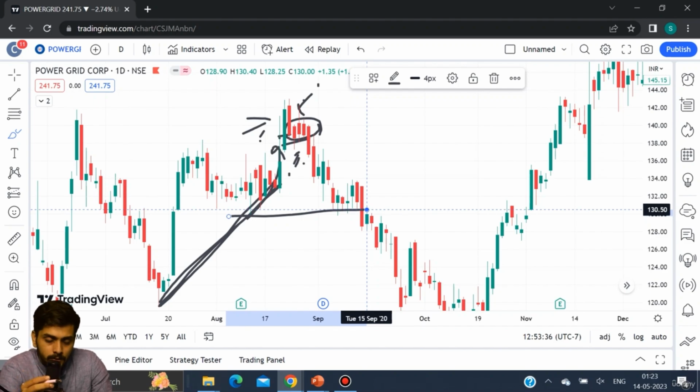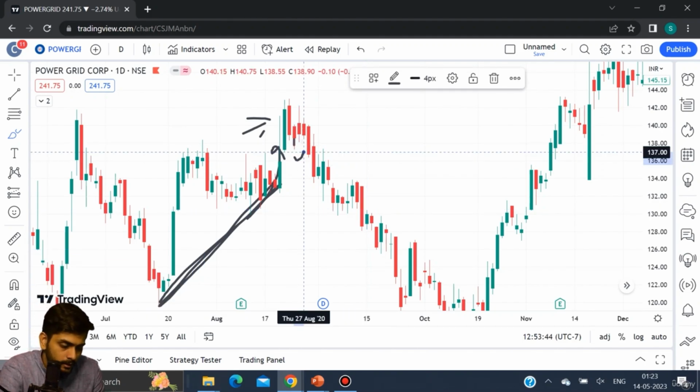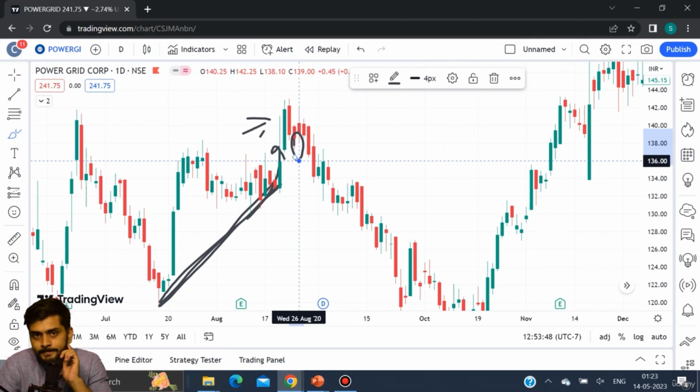If you do not have a consolidation, tell me one thing, post this only, if you got another red candle, what will that become? Post that candle, if you get another red candle, what will that pattern become? Evening star. Of course, you're correct, evening star.